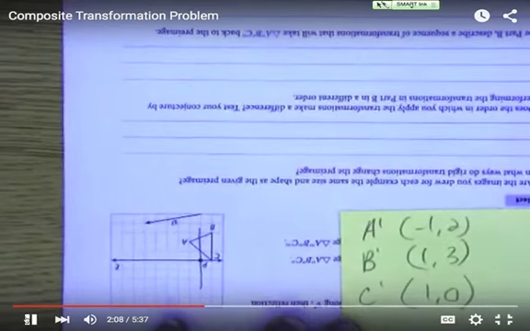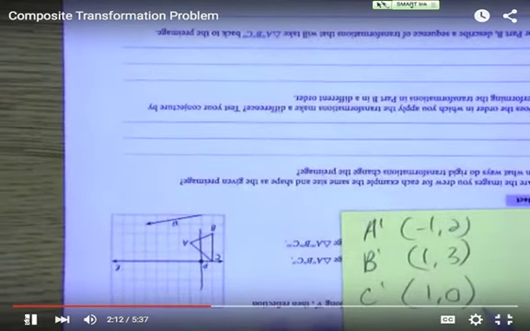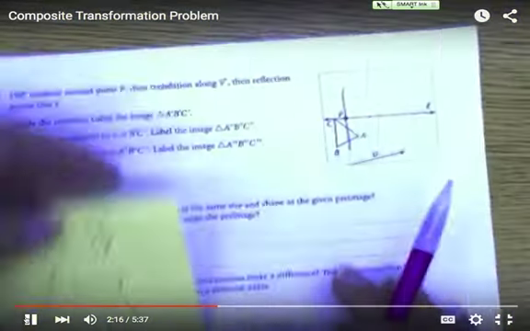B prime would be at 1, 3. And C prime would be at 1, 0. Okay, so if I'm considering point P as the origin, this is where these points would lie with respect to that origin.